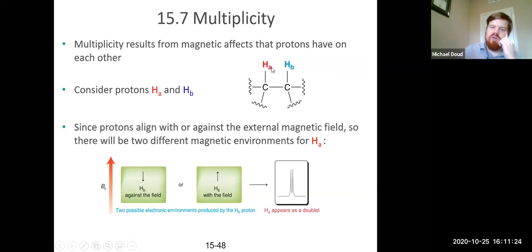The protons themselves are going to align with the magnetic field, and they're also going to be affected by the fact that HB could align against or with the magnetic field. So think about it this way: if HA aligns with the field, then HB could align against it, or it could align with it. That's 2 separate positions and 2 different magnetic environments that HA is going to face. And so that shows up as a doublet.